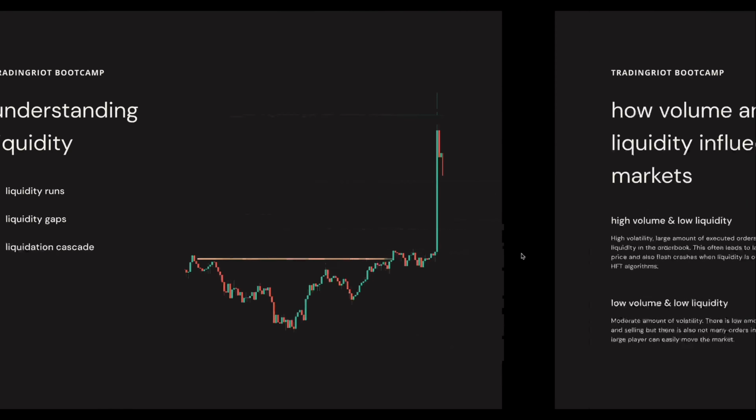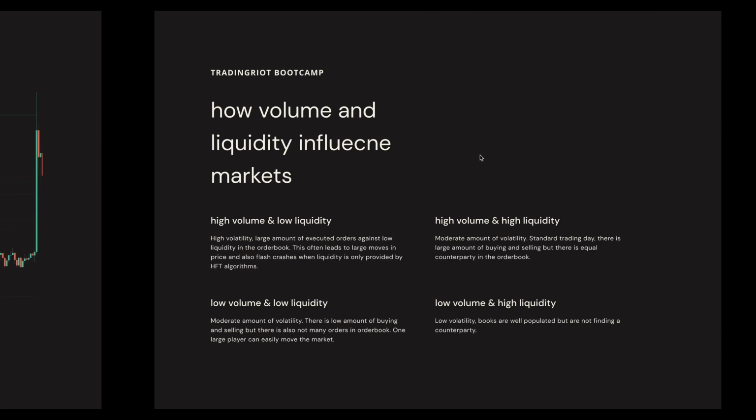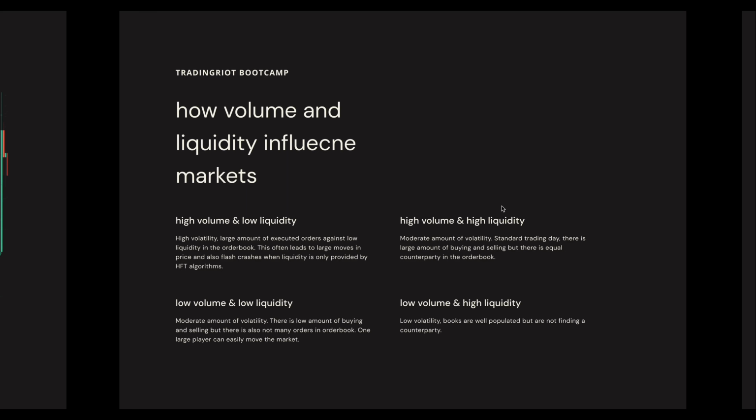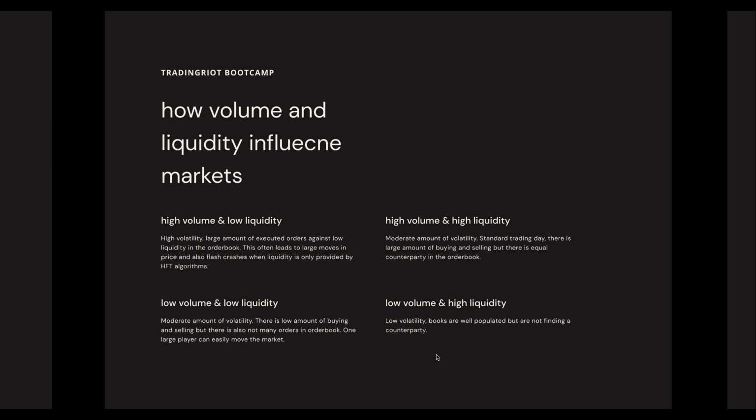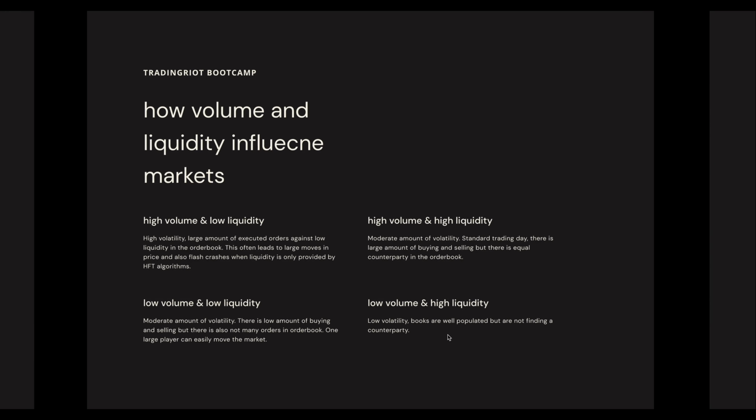When the amount of market orders and the liquidity in the books are more equal during a standard trading day, the market will slowly move to one side. And when it's low volume and high liquidity, there is low volatility because the books are well populated, but no one wants to be the counterparty.